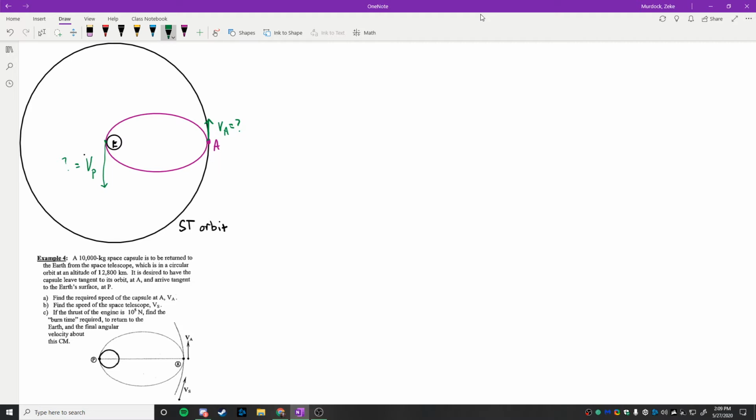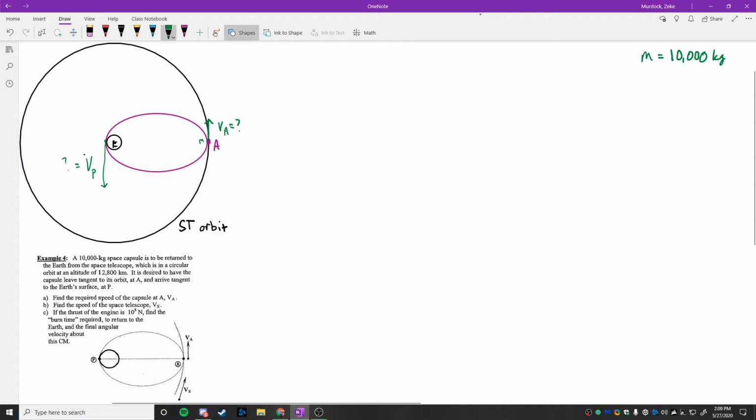The information that we do have in the problem we can label over here. One is that this telescope right here has a mass m, and that mass m is equal to 10,000 kilograms. And then we know the altitude of the orbit is 12,800.